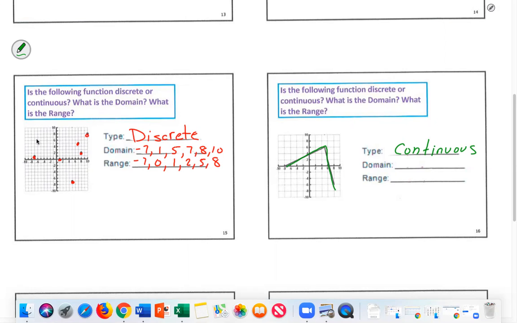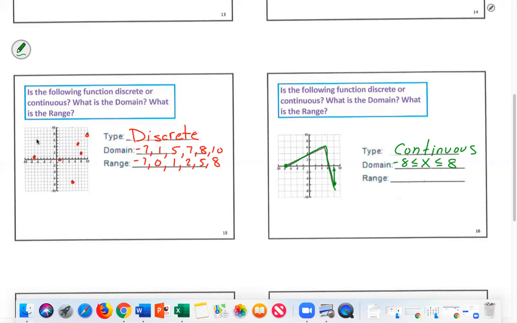This is where that inequality stuff comes from. All right, so what are my x values? Well, my smallest x value is right here, and my largest one would be right here. So let's trace that up and trace that one down. So my x values would be in between these two numbers, which would be -8 and 8. So it'd be between -8 and 8.